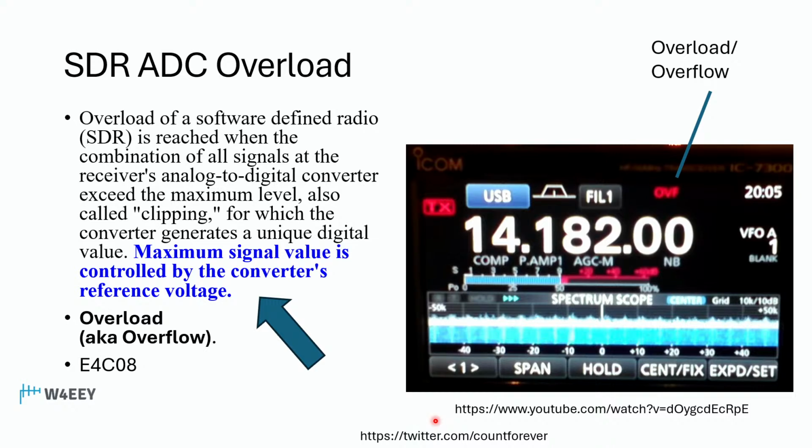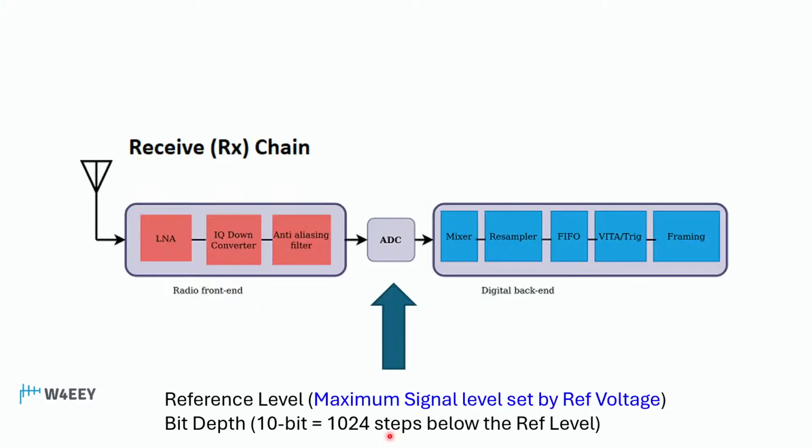Dave talked about this earlier in one of his chapters, but the maximum signal value is controlled by the converter's reference voltage. That sets the maximum signal. And if you go over that, here's a 7300 with the AVF or overflow indicator, that indicates that it's too strong a signal.